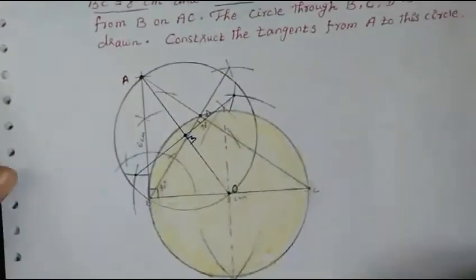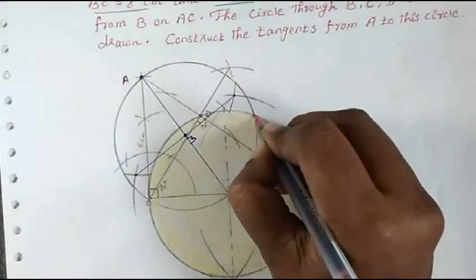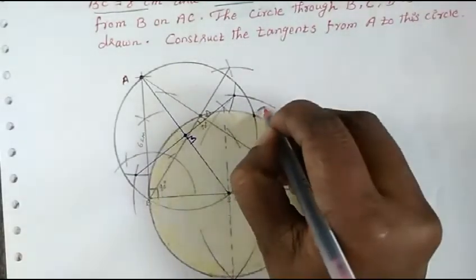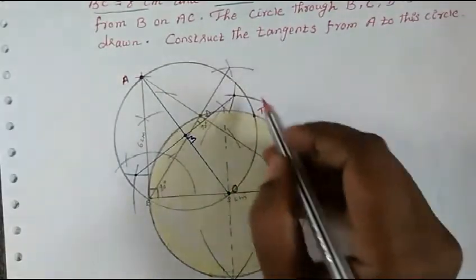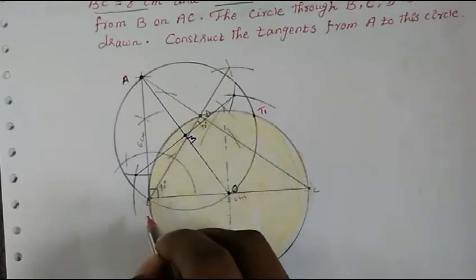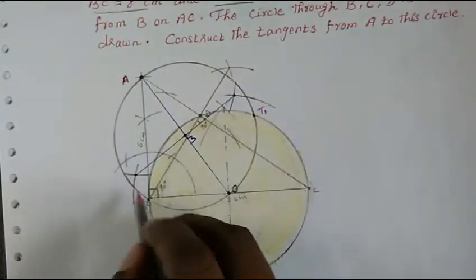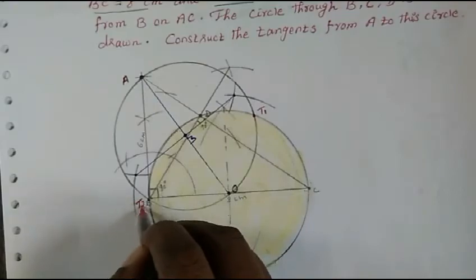Now this circle is intersecting the original circle at this point. So this is tangent 1, and the circle is intersecting the original circle at this point. Okay, so this becomes tangent 2.